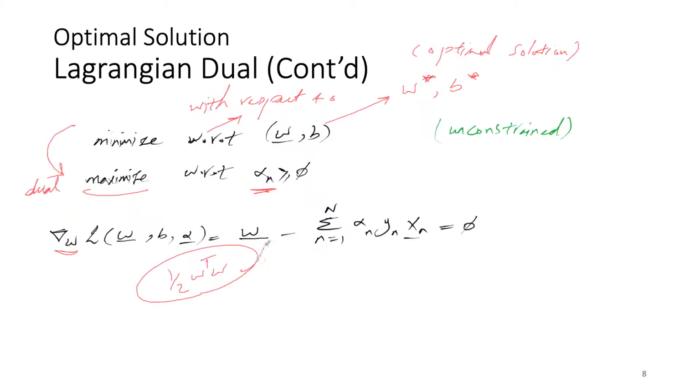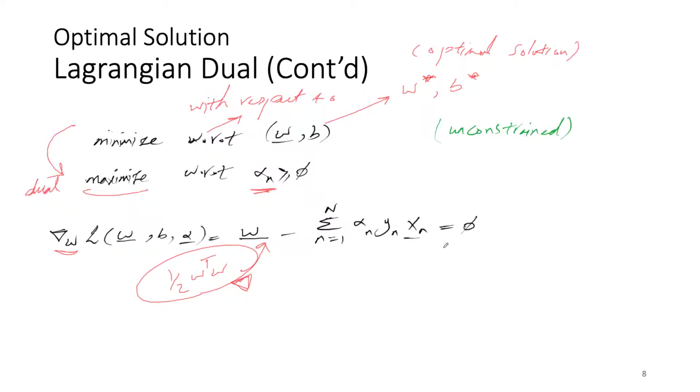So the gradient becomes w, and the rest is the summation over n from 1 up to N of alpha_n y_n x_n, right?